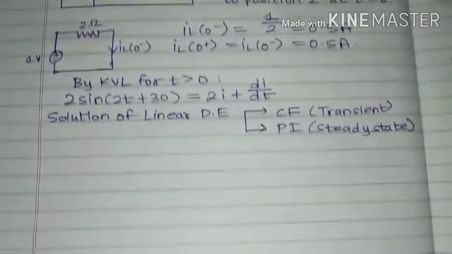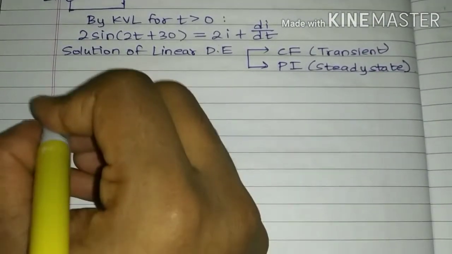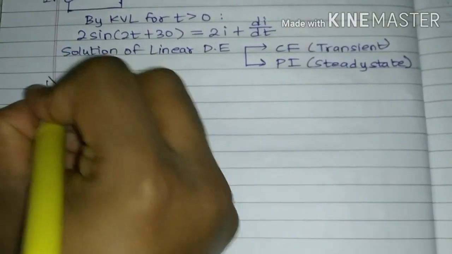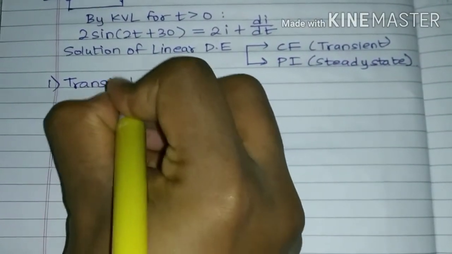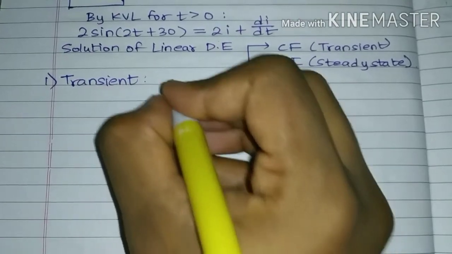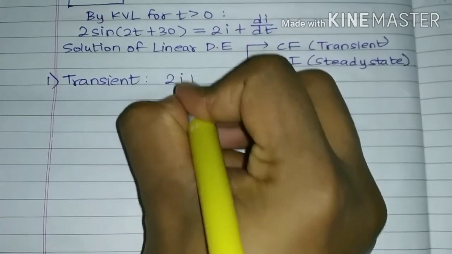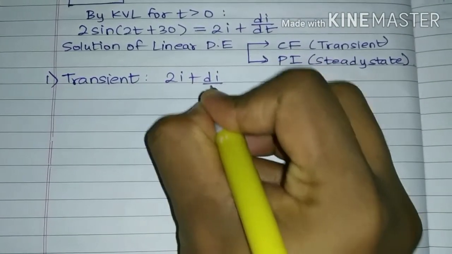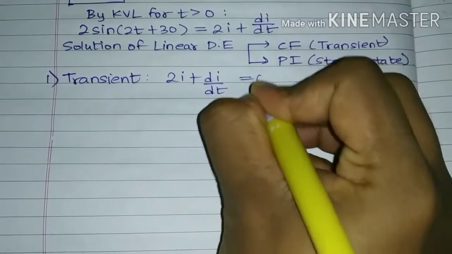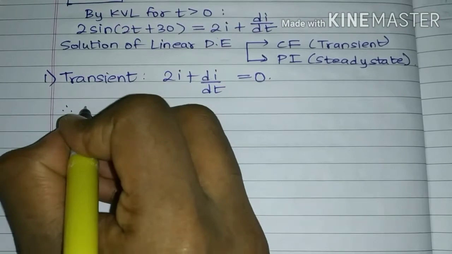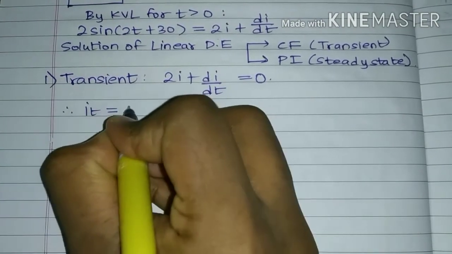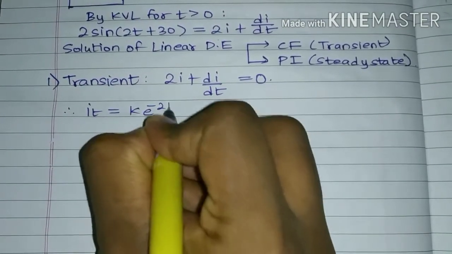Now to find out the transient state response, that is the complementary function, we have to equate the differential equation to 0. Therefore 2I plus di by dt is equal to 0. The solution of this equation is it is equal to k e raised to minus 2t.